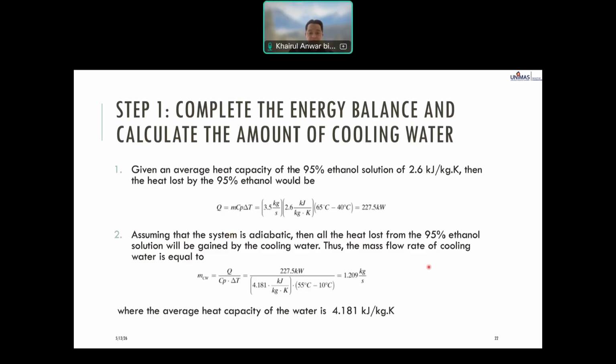Assuming that the system is adiabatic, all the heat loss from the 95% ethanol solution will be gained by the cooling water. Thus, the mass flow rate of cooling water, MCW, is 1.209 kg per second, where the average heat capacity of water is 4.181.